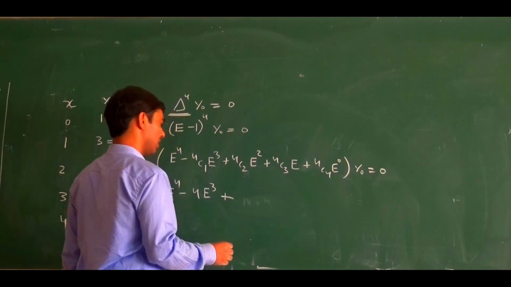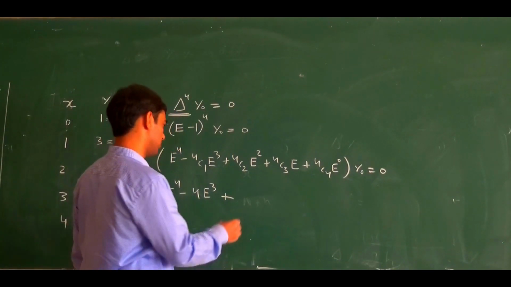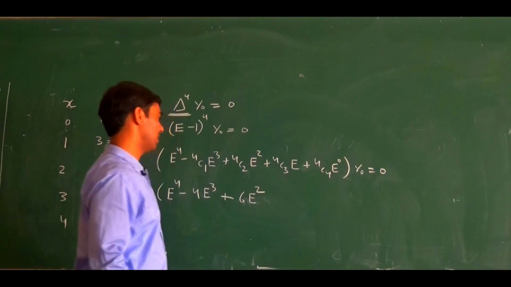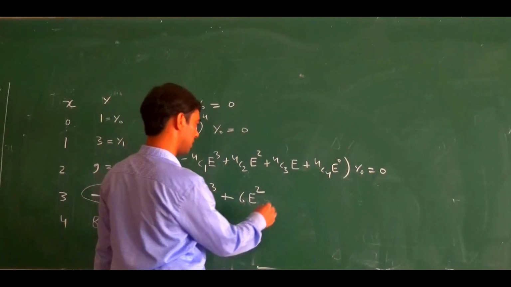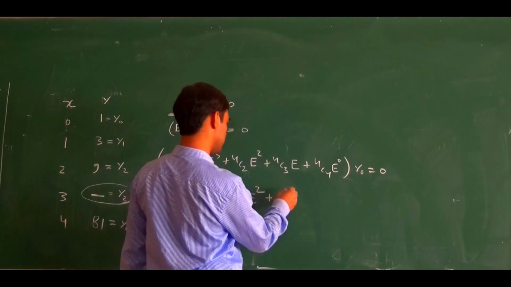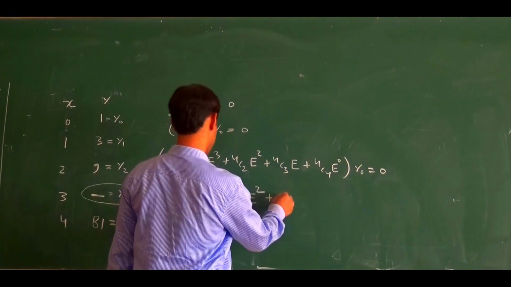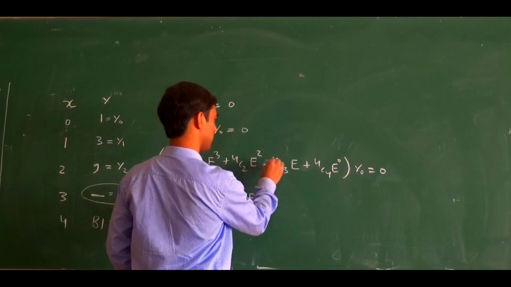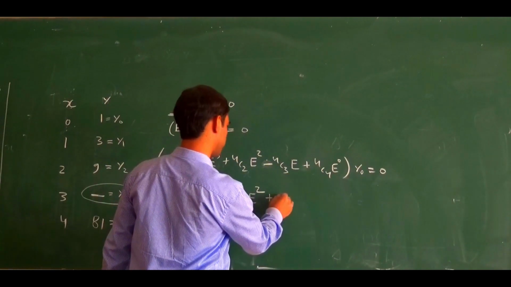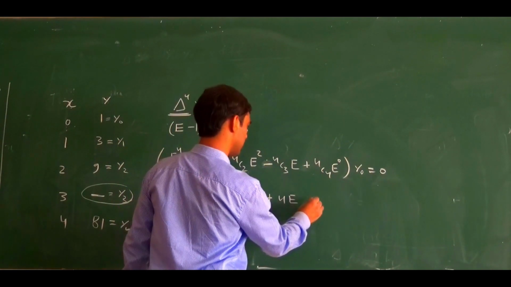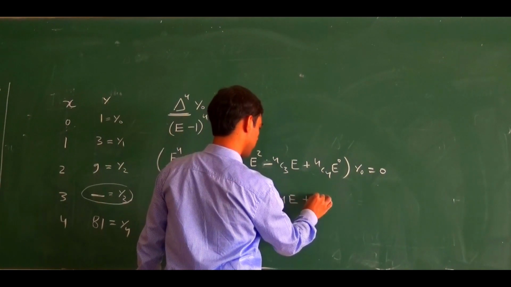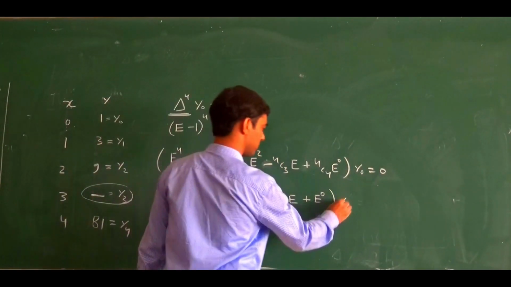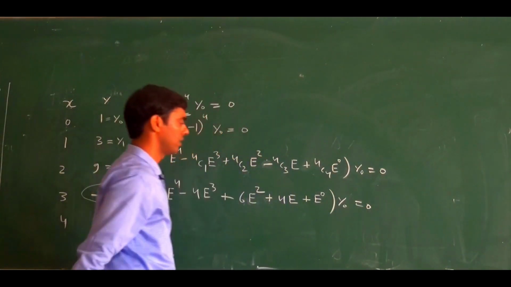Factorial 4 over factorial 2 into factorial 2, so this is 6 E square. And this becomes again 4. The signs alternate: minus, plus, minus, so this is 4E, and this one is plus E0, applied to y0, equal to 0.